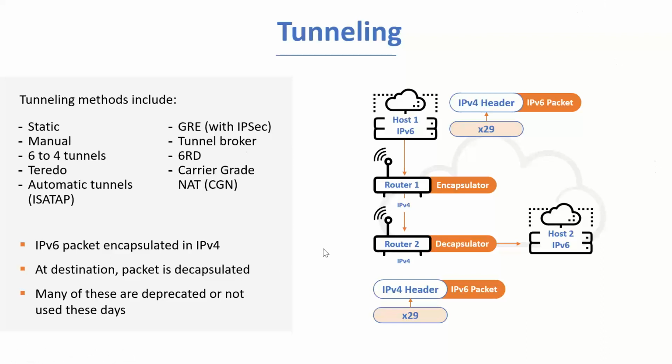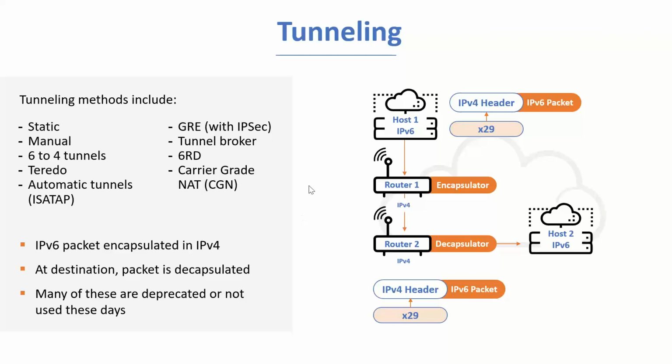So now let's talk about some other methods. And I don't believe we are to the point of calling these legacy methods. These are still very much in use, but they have a different purpose, which is you're essentially fencing off IPv6.